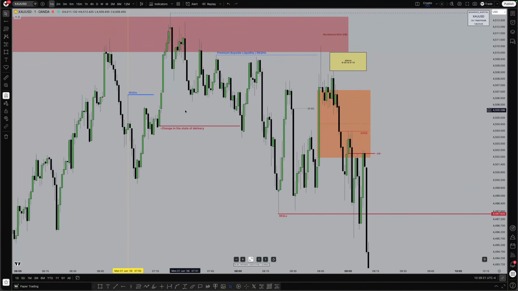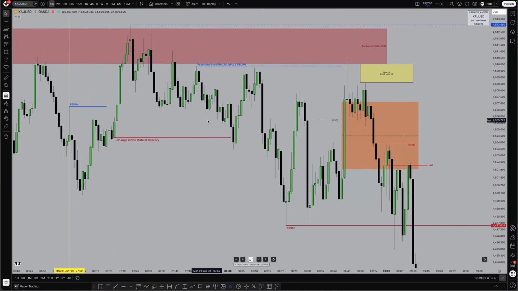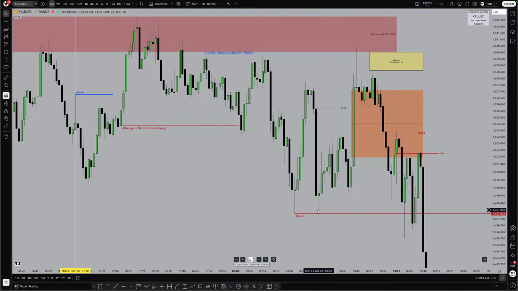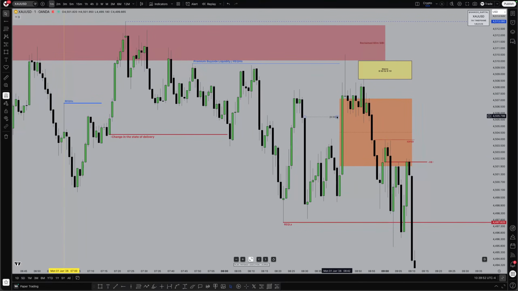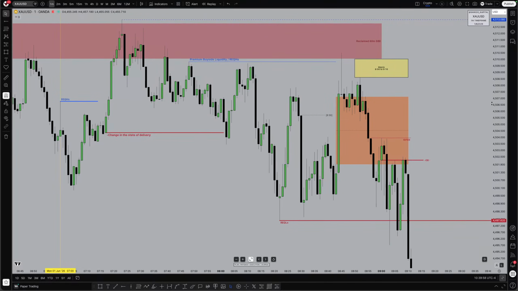I wasn't really interested in shorting until price closed bearish here, and I said, okay, now these lows are next, because the priming had already taken place here. I don't know if I'm going too fast for you guys. The setup was valid, but I didn't really like it.